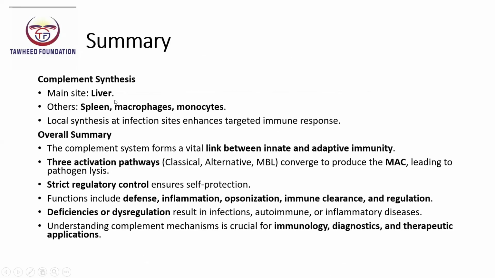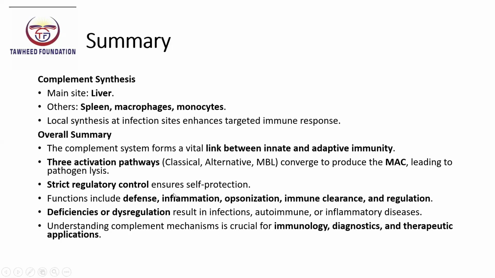So complement synthesis: the main site is the liver, others are spleen, macrophages, and monocytes. Local synthesis at the infection site enhances targeted immune response. So overall summary, the complement system forms a vital link between innate and adaptive immunity. There are three activation pathways: classical, alternative, and MBL, which converge to produce the MAC, leading to pathogen lysis.